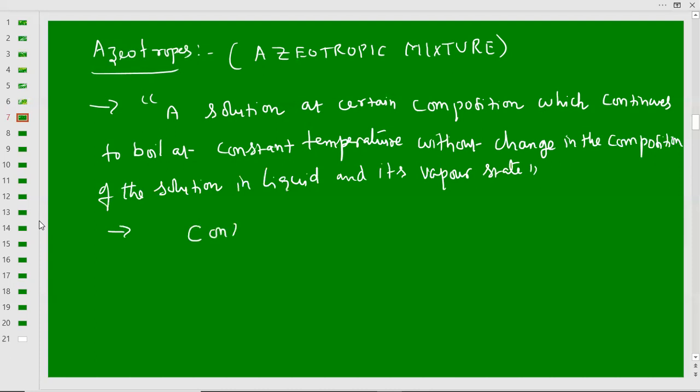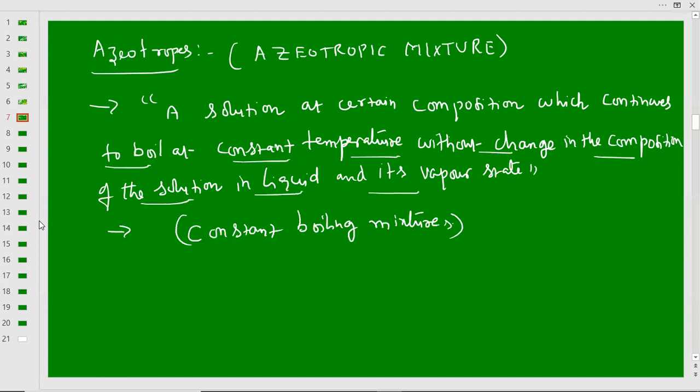This is called a constant boiling mixture. So what is the meaning of azeotropic mixture? It is a solution of certain composition which continues to boil at constant temperature without change in the composition of the solution in its liquid or vapor state.